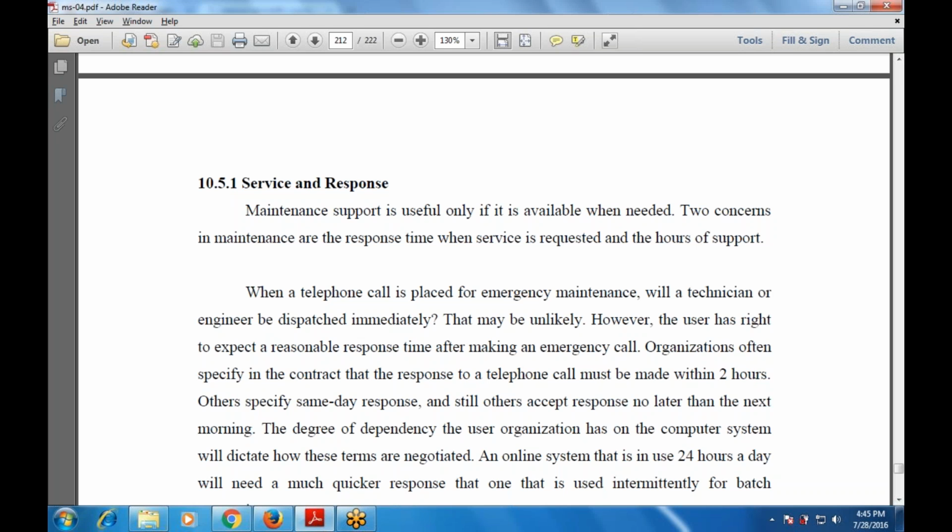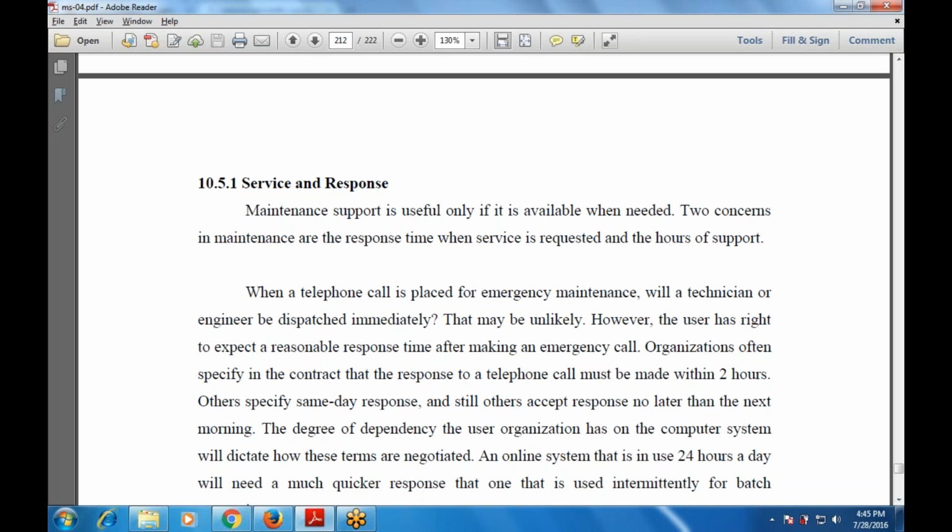However, the user has a right to expect a reasonable response time after making an emergency phone call.